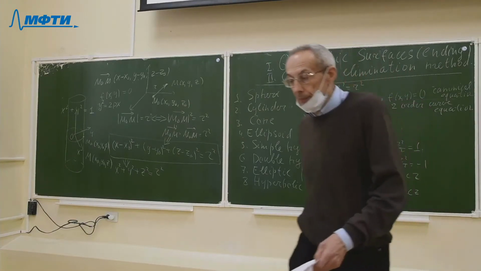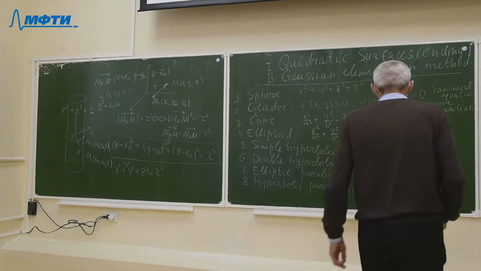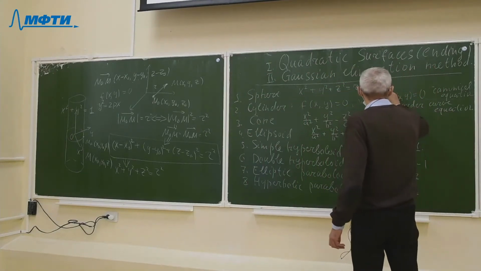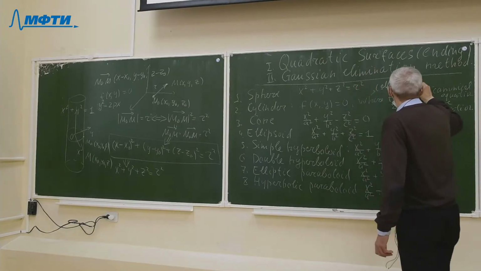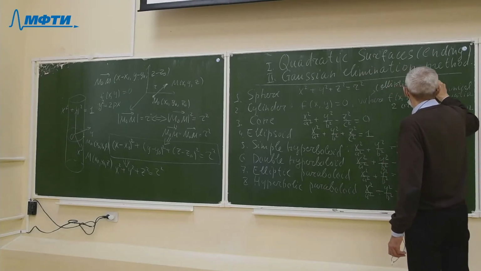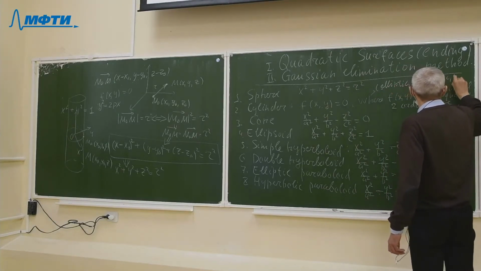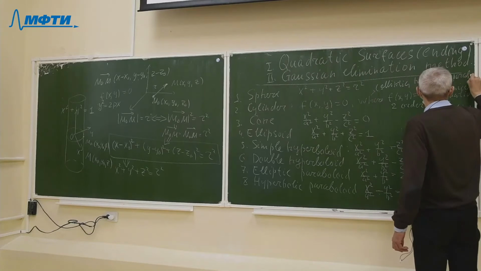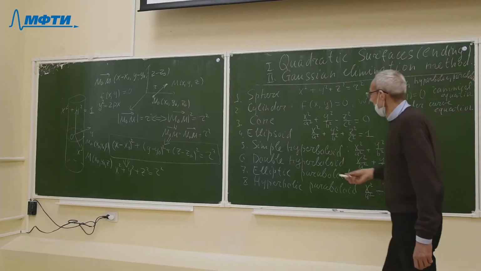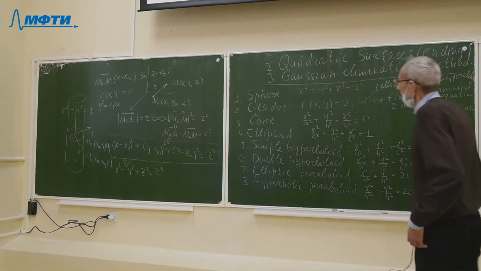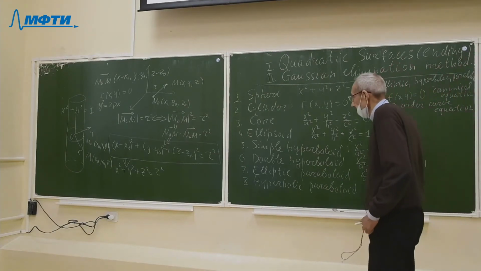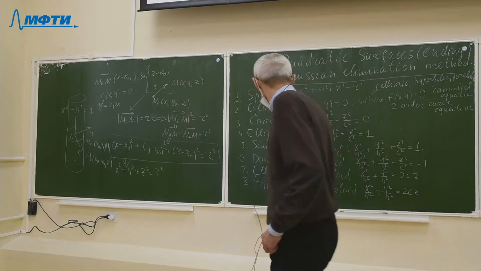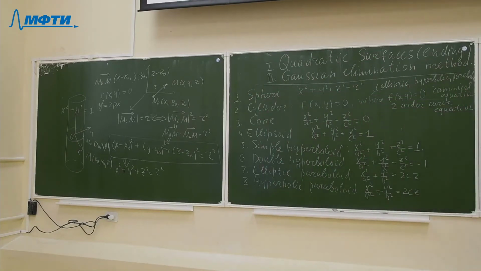And let's mark these cylinders: elliptic, hyperbolic, parabolic. And the third example, the cone. I recall what a cone means.